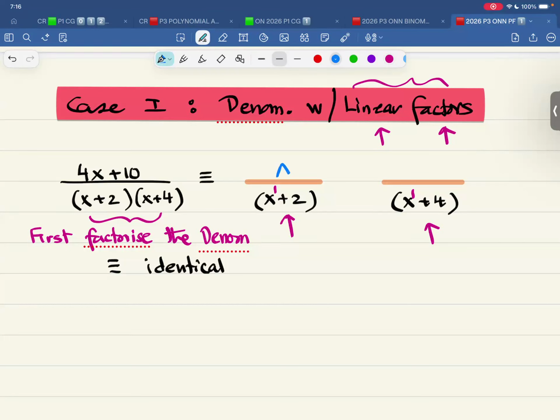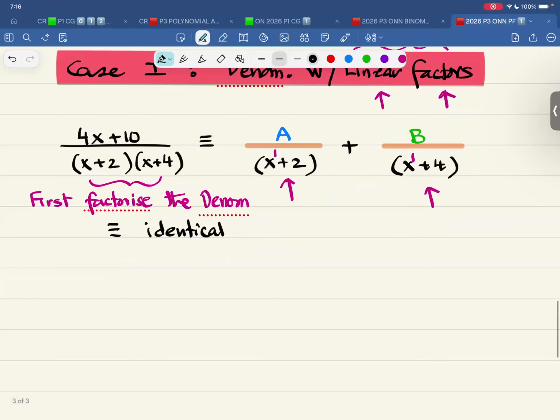You will write a constant over the first factor. You will write another constant over the second factor. And there is a positive sign in the middle. So that is how you would open it up. The strategy is: we will focus on the numerator later on. Denominator decides the case.